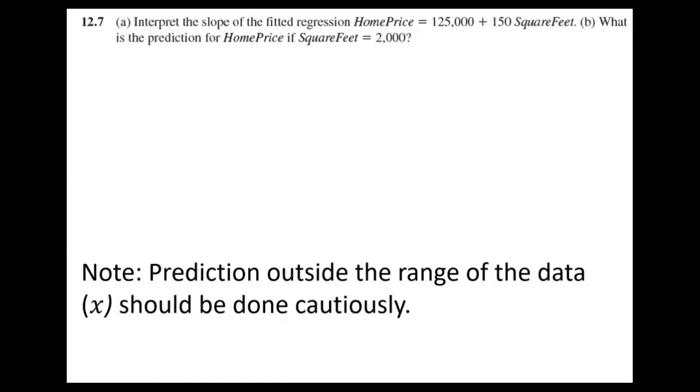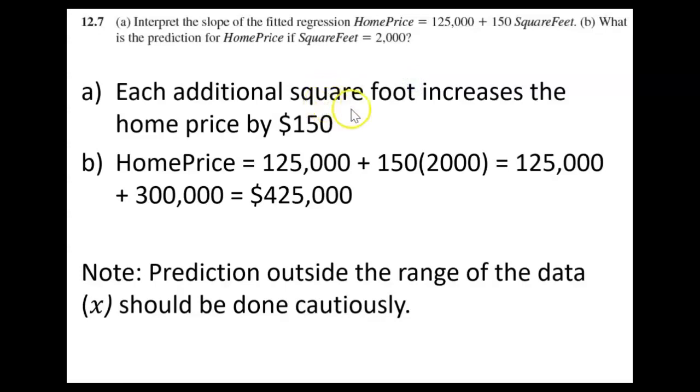Part A asks, interpret the slope of the fitted regression: home price equals 125,000 plus 150 times square feet. First of all, you notice that we have a positive sign here. So as square feet increases, home price will also increase. The interpretation would be that each additional square foot increases the home price by $150.